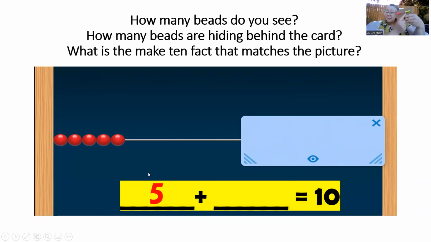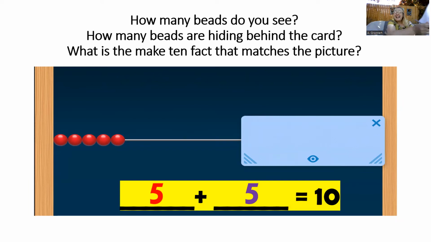So if there are 5 beads showing, how many beads are hiding behind the card? Yes, there are 5 beads hiding. So our make 10 fact is 5 plus 5 equals 10. Let's write that one down too. We'll go ahead and keep writing down all of the equations on the pages.